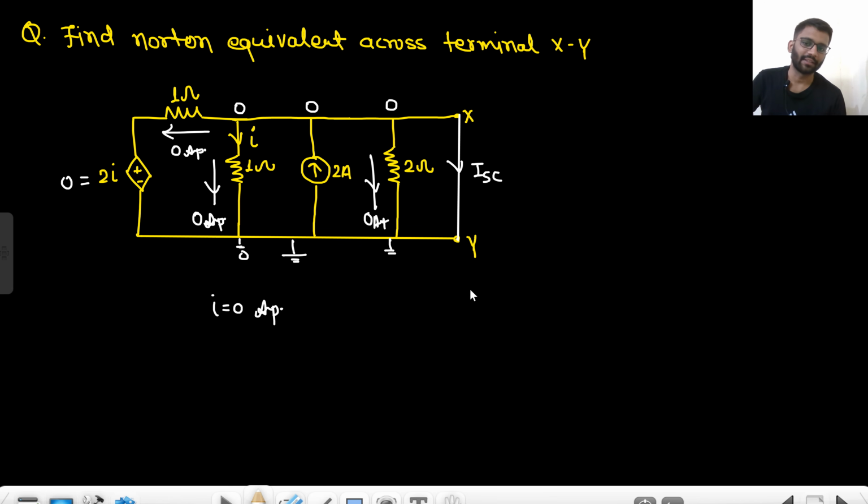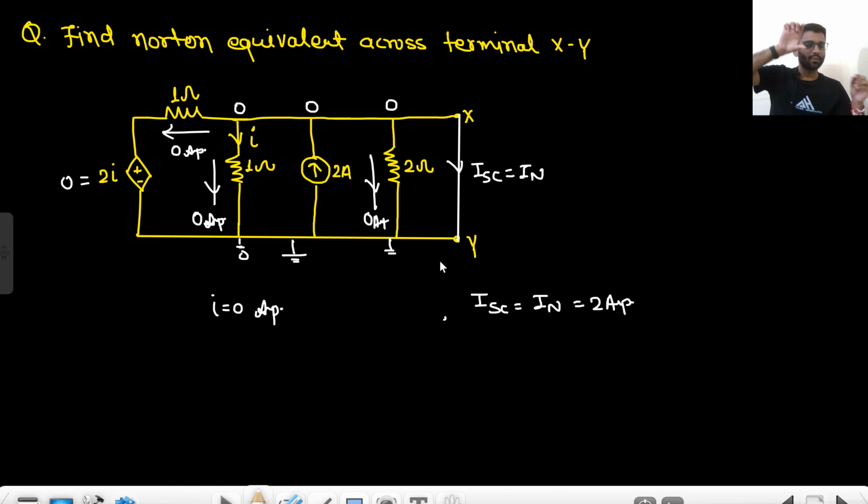Only current that is coming is ISC, or IN I can call, that is 2 ampere. Look, if your resistance is short circuited, it will surely give 0 current. If there is no potential across the resistor, it will give 0 current.